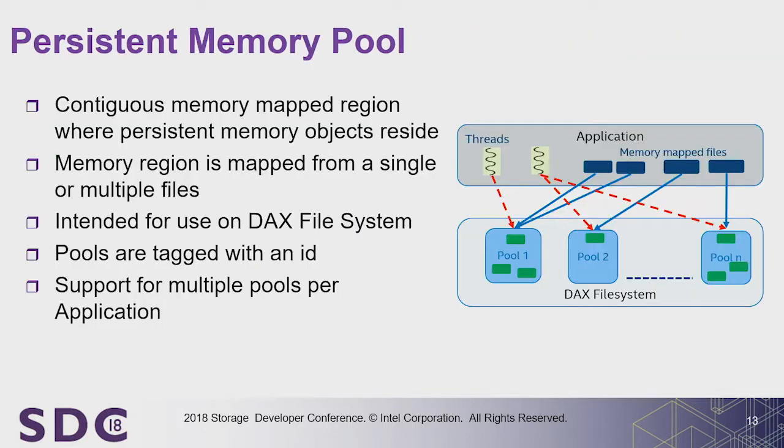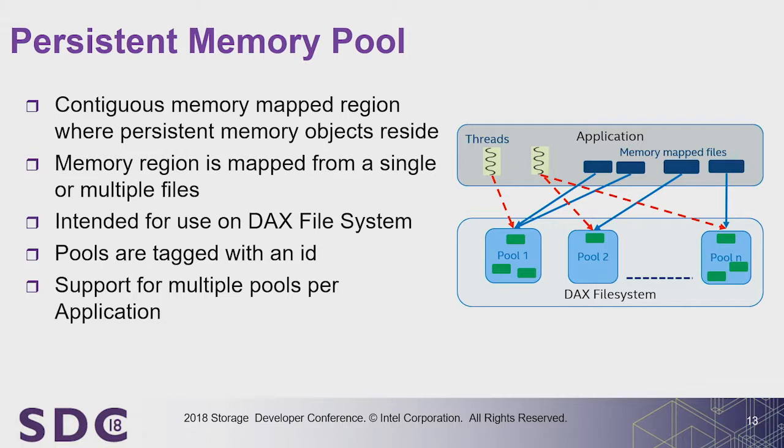So what are persistent memory pools? We talked about memory mapping of the files and how PMDK exposes it. Persistent memory pools are a way of exposing a single file or a set of memory mapped files as a pool for the application. So an application can create different memory mapped files, and those show up as pools.